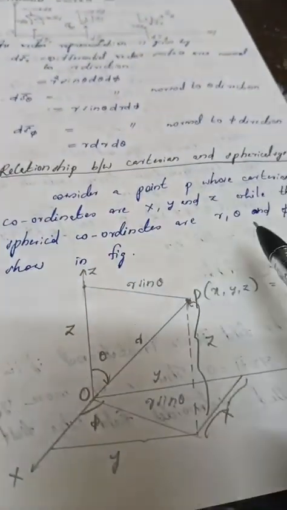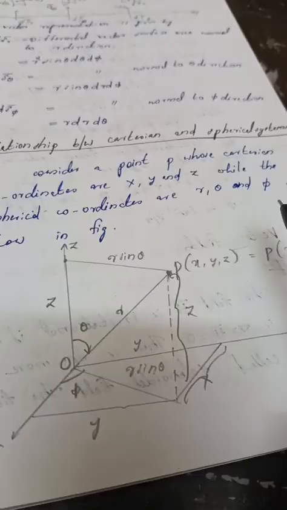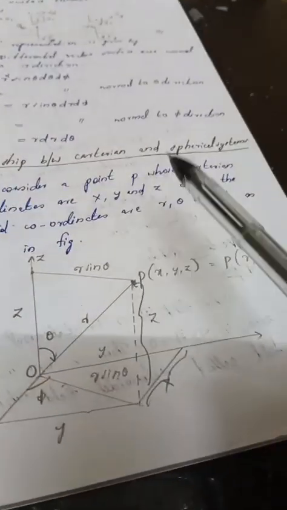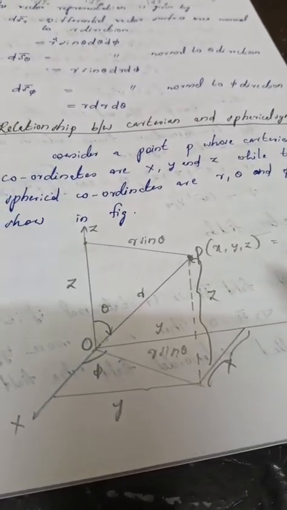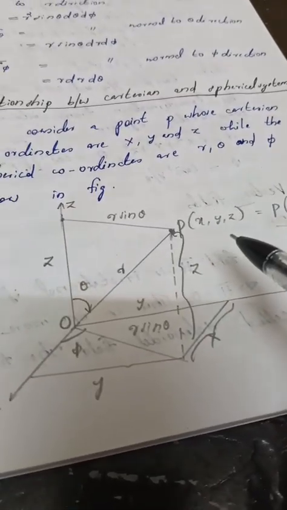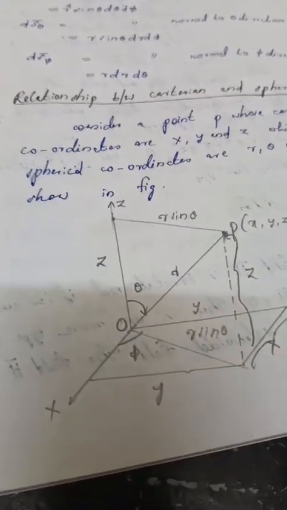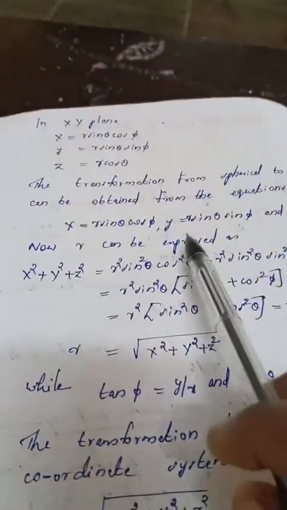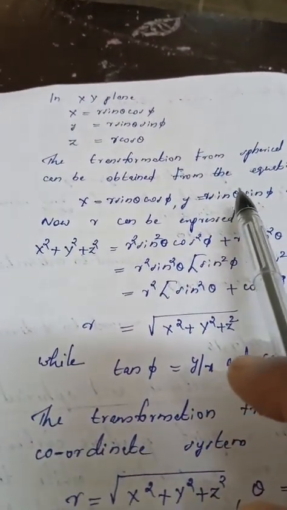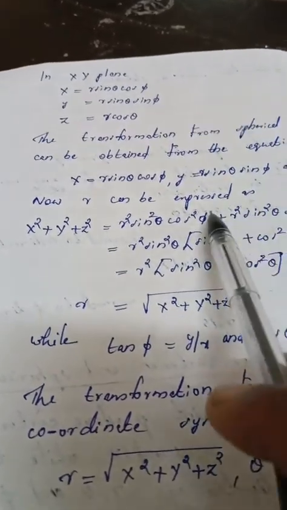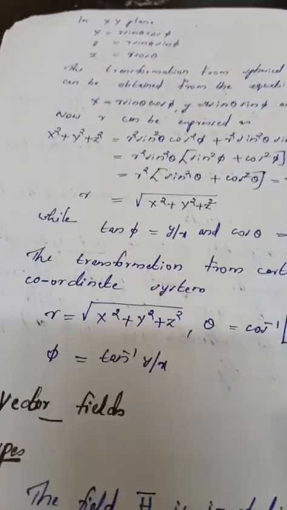Then the relationship between Cartesian and spherical systems. Consider a point P whose Cartesian coordinates are x, y and z, while the spherical coordinates are r, theta, phi as shown in the figure. x equal to r sin theta cos phi, y equal to r sin theta sin phi, z equal to r cos theta.